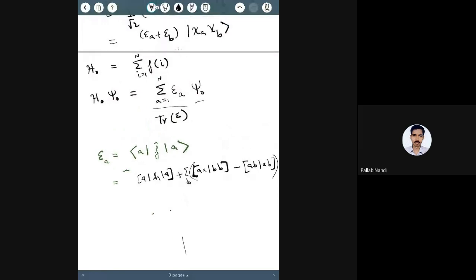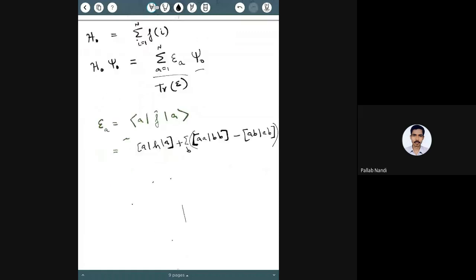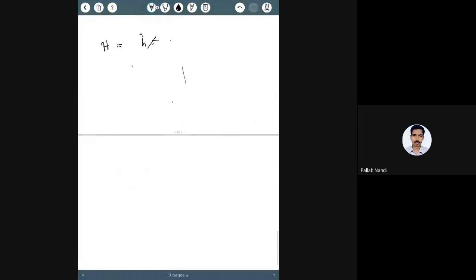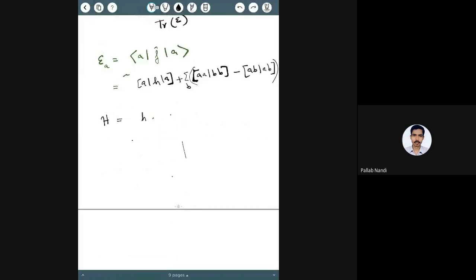So the thing is that the orbital energy is summed over all the other electrons. But the full Hamiltonian contains a sum over all the electrons.